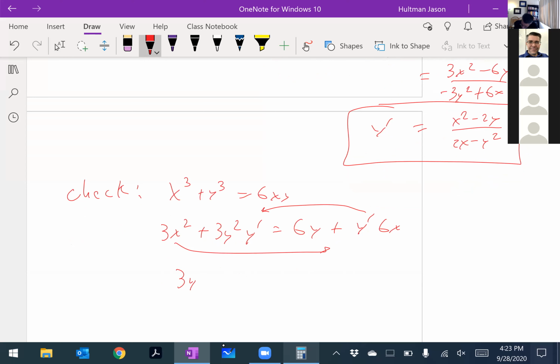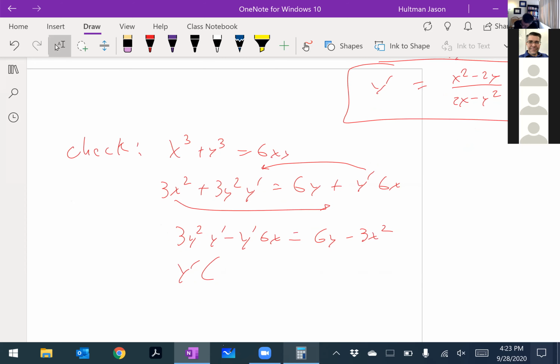Now I'm going to toss this guy over here and this guy over here. I get 3y squared y prime minus y prime 6x is equal to 6y minus 3x squared. Factor out a y prime, and I get 3y squared minus 6x is equal to 6y minus 3x squared, so y prime is 6y minus 3x squared divided by 3y squared minus 6x.